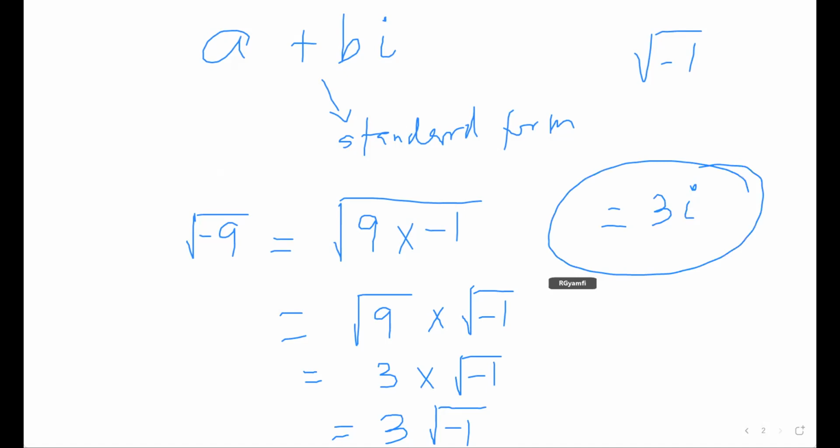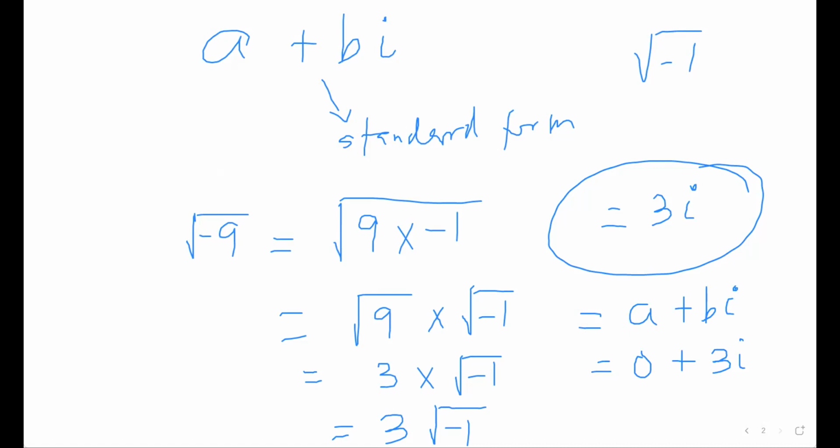So really, the square root of negative 9 is 3i. If we go back to the general form, what we are saying is that a is 0 plus b is 3i. a is 0.